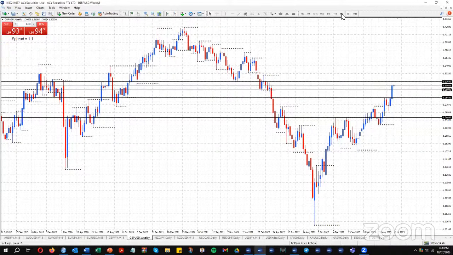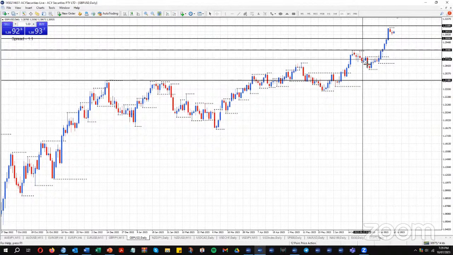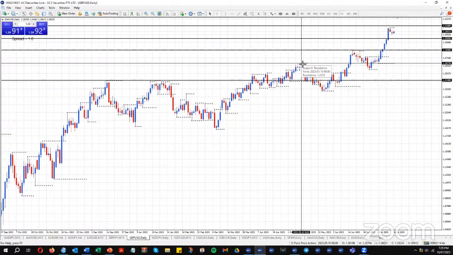And it would be great, from a pullbacks perspective now, this pair has been working great in terms of pulling back to support and then moving off and up. Over the last, I'm just going to highlight 2 examples. This pullback here was back to this weekly support.